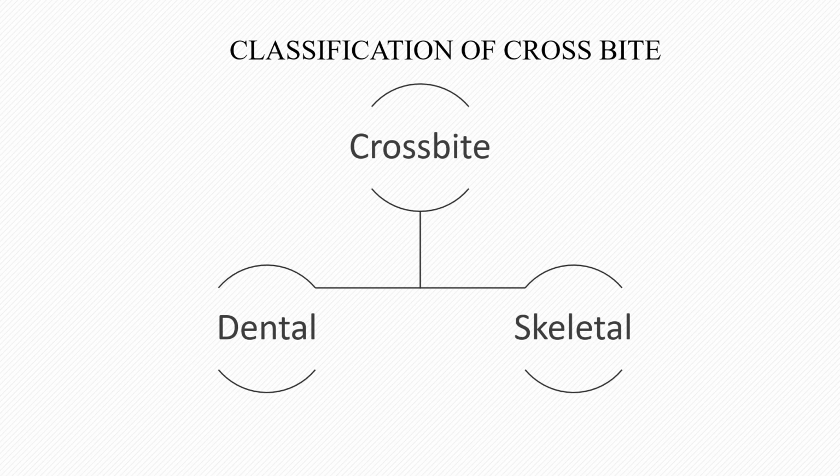Classification of crossbite is according to the etiological factor, either of dental origin or skeletal origin. The classification of crossbite according to position is either anterior crossbite, which includes crossbite of one tooth or involves more than one incisor tooth anteriorly.